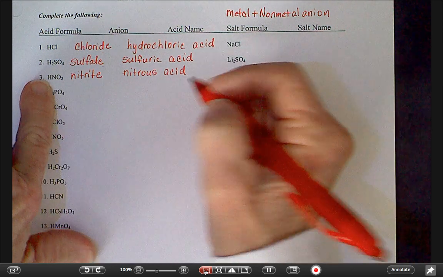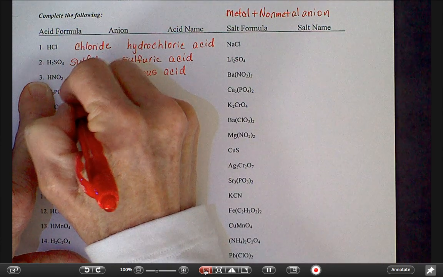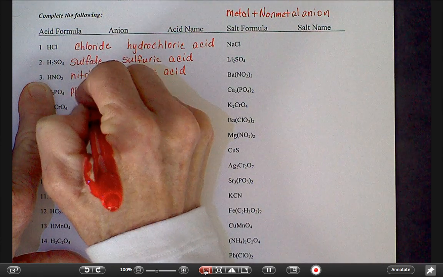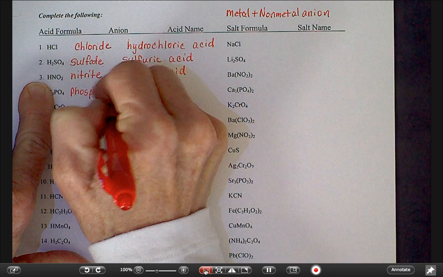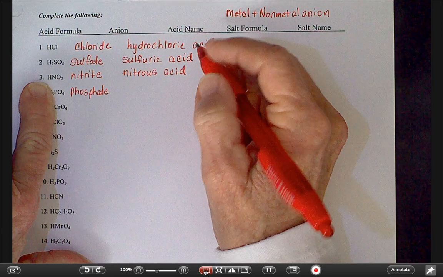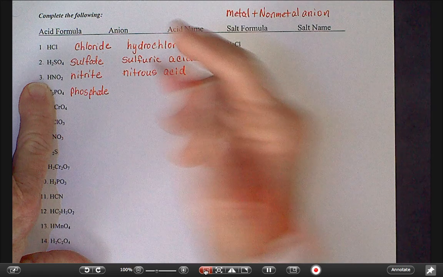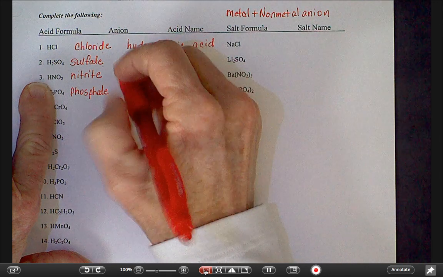Cover up the H. Who's PO4? Phosphate. Okay. Take off the ATE and put on what? The R and the IC. So what's its name?